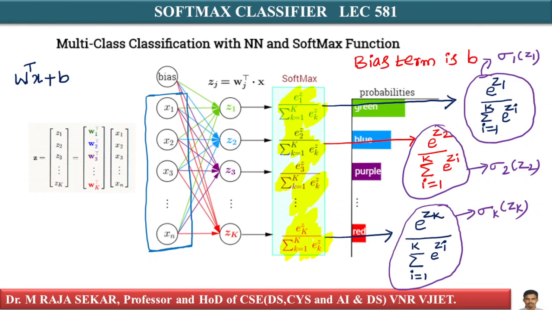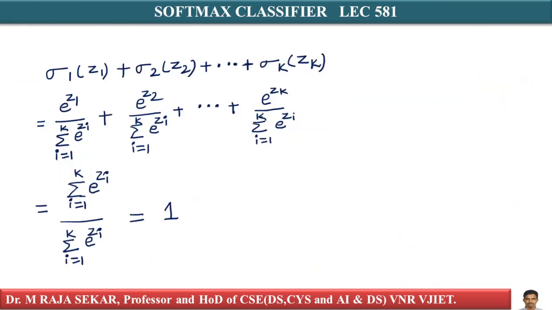Sigma 2 z2 is e power z2 by summation i equal to 1 to k e power zi, so on sigma k zk is e power zk by summation i equal to 1 to k e power zi, isn't it? In the Softmax classifier, all the outputs of these sigmas sum to 1. Let's verify this.